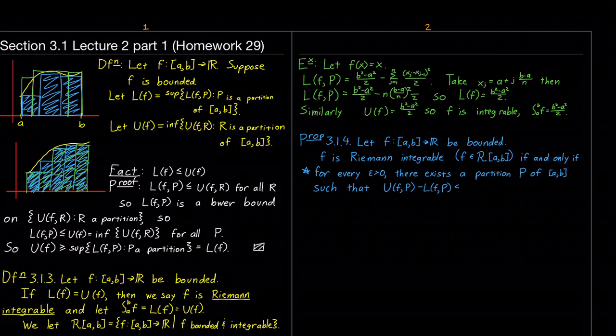But the idea is you can find a partition such that this difference is less than epsilon.